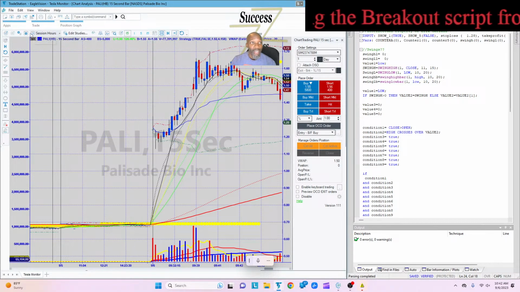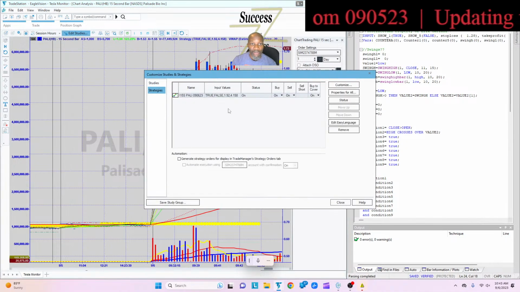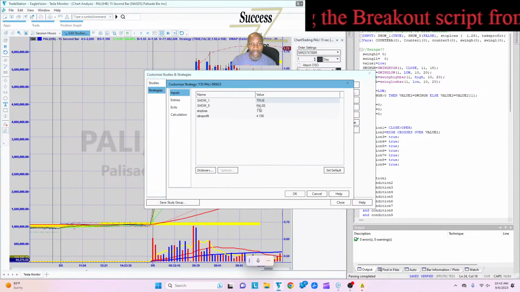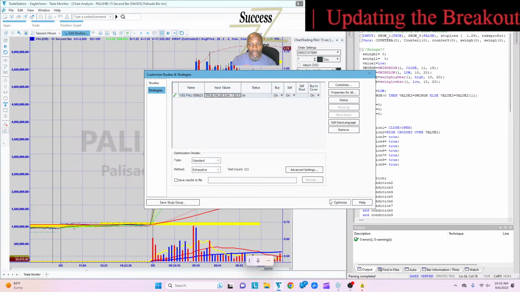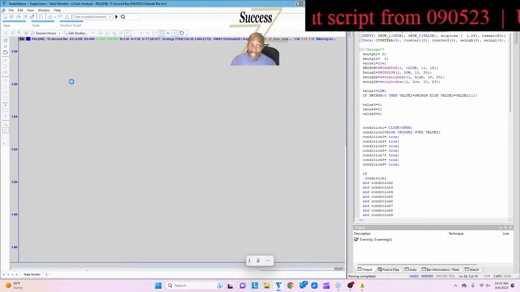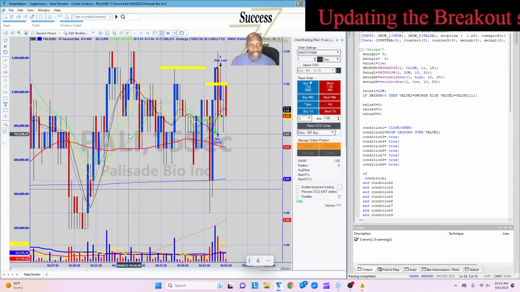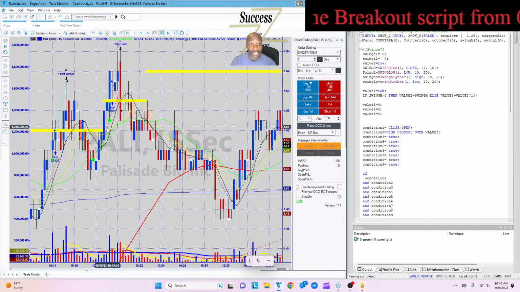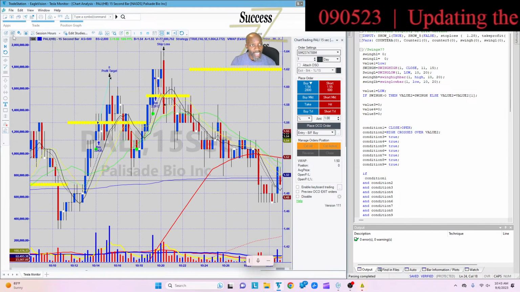Okay, let's go back to edit studies, customize, and re-optimize. It still looks like it's negative, but it's like negative 1,000. It's not negative 60,000. Why is it not? That's the best it could come up with?